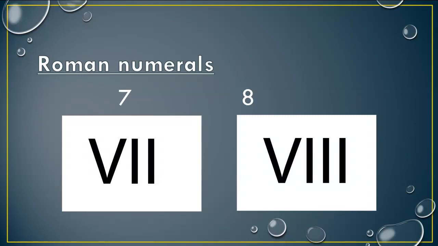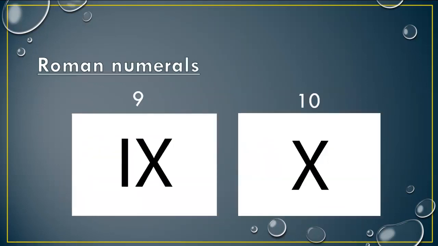Next one is 9. What will be the natural order in this case? Students, we know we can never use one symbol consecutively more than 3 times. So what is the solution? Well, we have a new symbol, that is X, which represents 10.